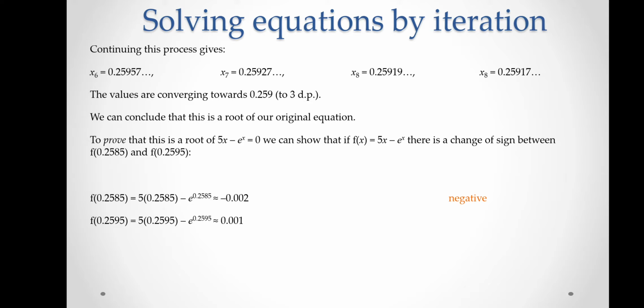That means there is a sign change, so there should be a root between 0.2585 and 0.2595. That means 0.259 should be a root of the equation. Like that you can prove that it is a root of the equation. There is a sign change, therefore it has a root between those two values, therefore 0.259 is a suitable root for the equation.